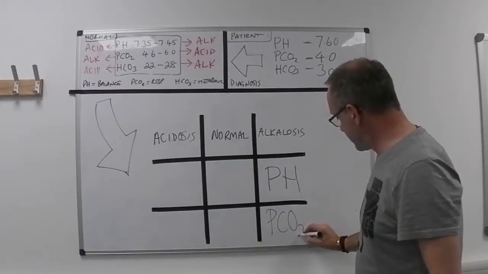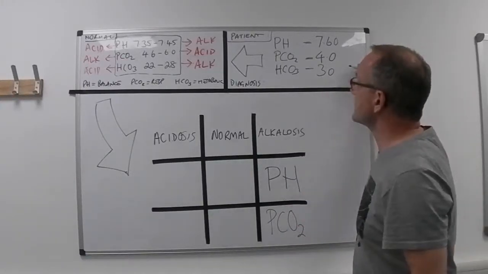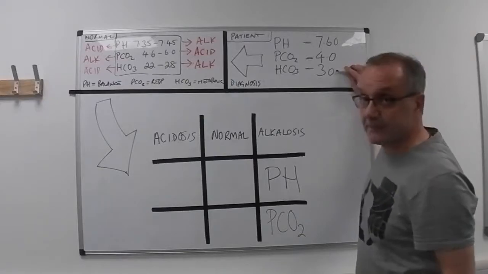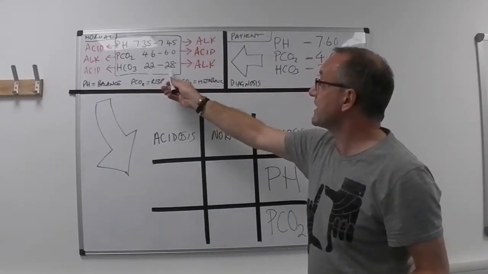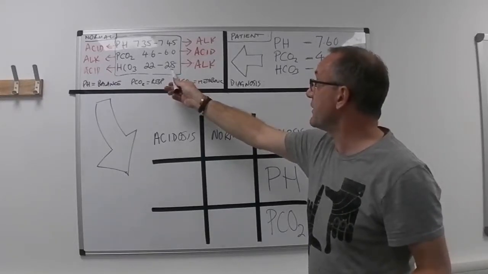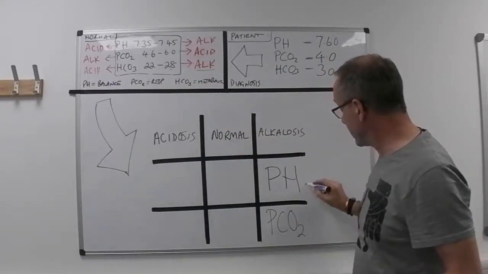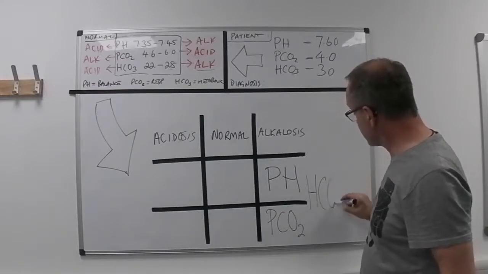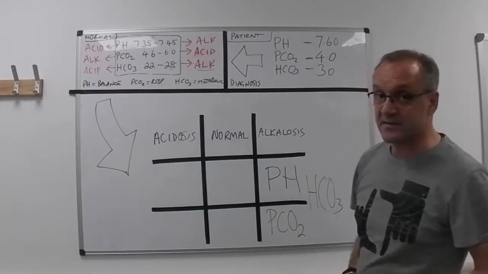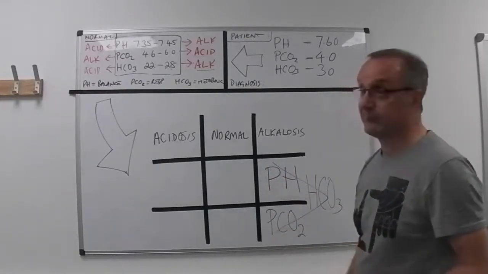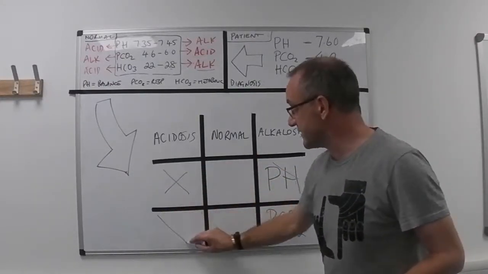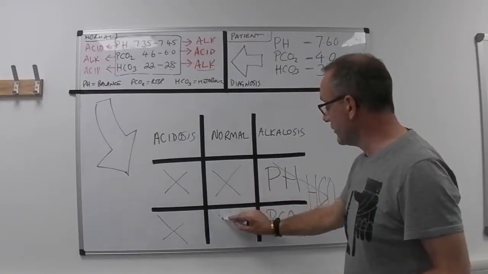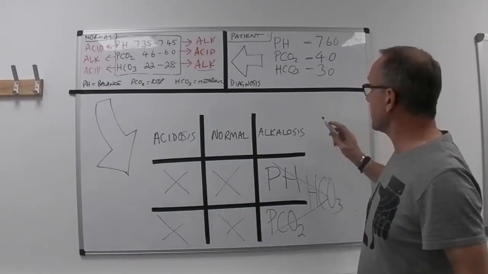I think no prizes for guessing where the next one's going to go. 30 for the bicarb. Look at the normals. It's actually above 28. So if it's above 28, it makes it alkalotic. And like before, we don't actually have enough spaces, but we do have a line. So in this instance, we've got nothing in the acidosis, nothing in the normal, but actually we've got an alkalosis.